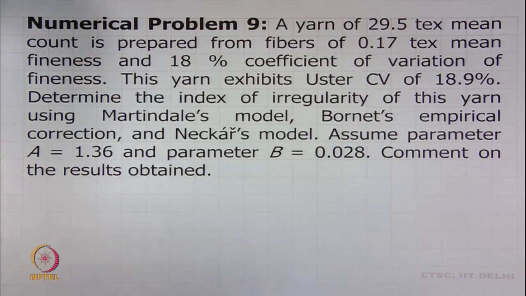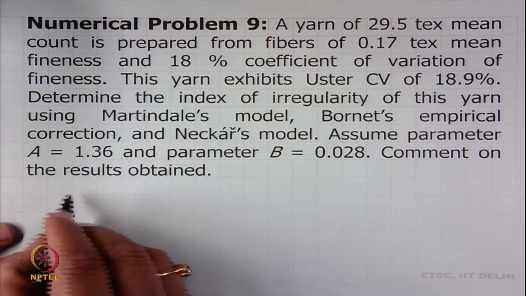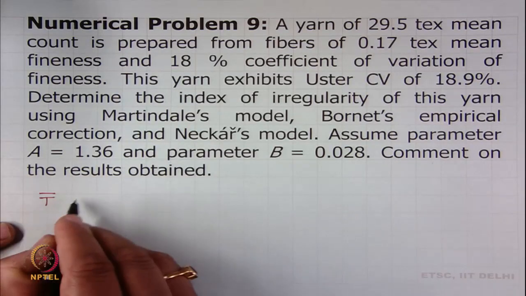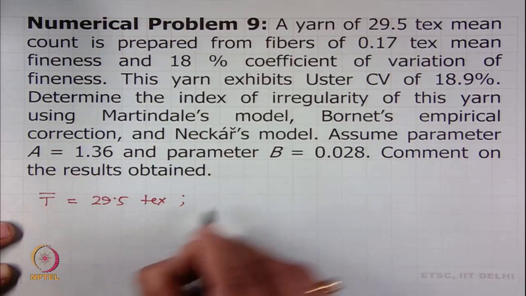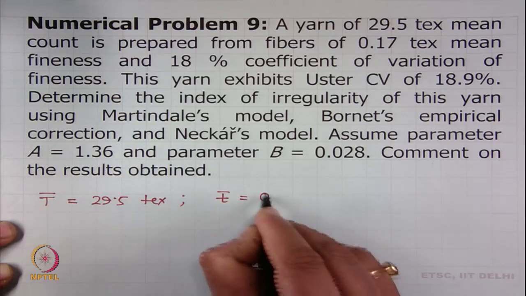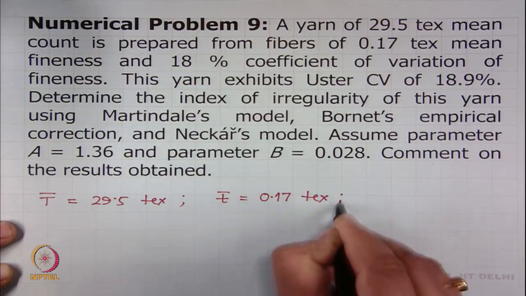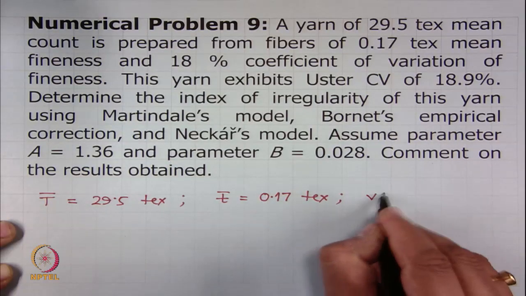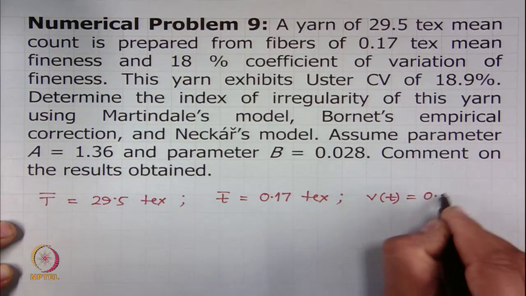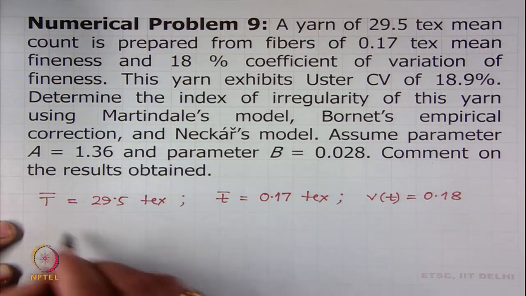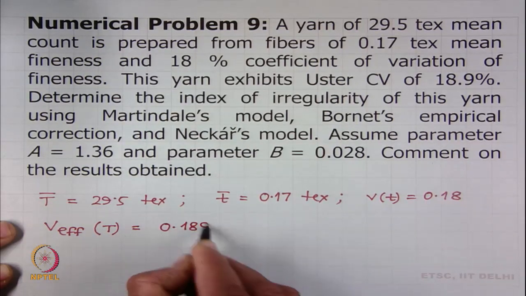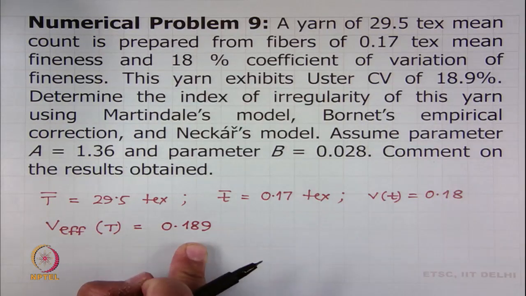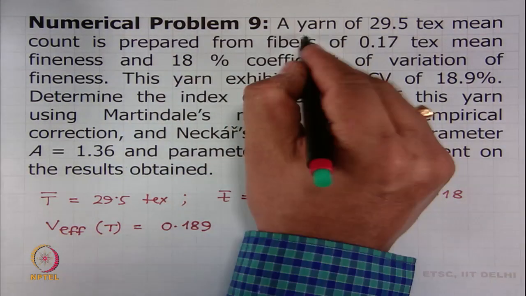So, what is given here is capital T bar 29.5 tex, small t bar 0.17, and V_t 0.18, and also actual measurement, measured CV of yarn is given.